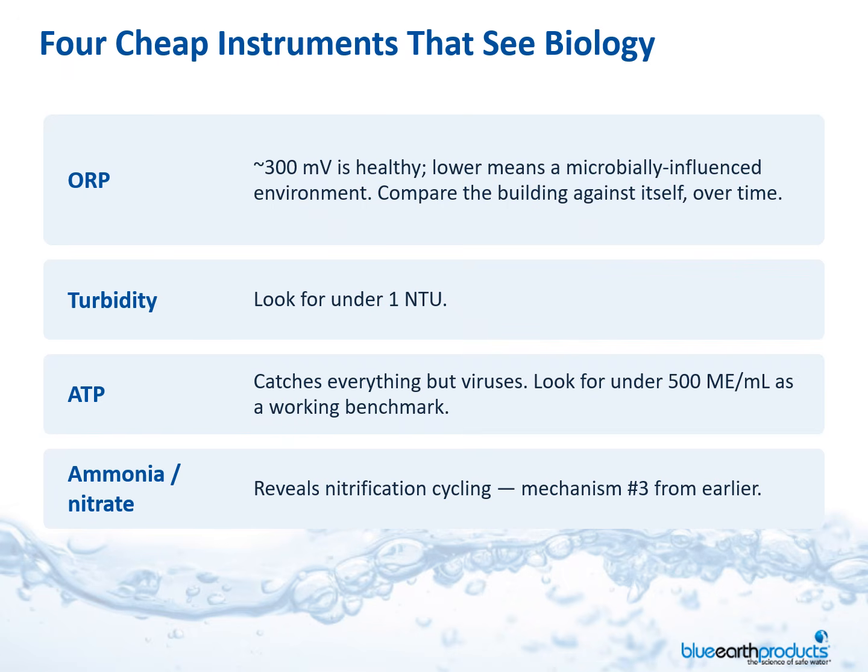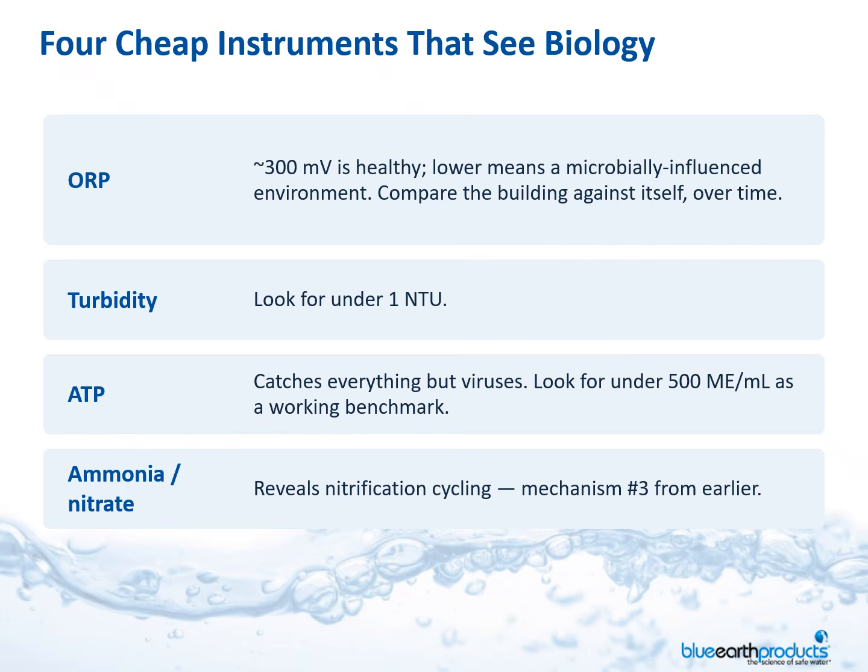There are 4 additional cheap instruments that also see biology inside of facility water. And ORP is probably the most useful tool. It's just a meter, it's easy to use, and if you measure 300 millivolts or better, it's generally considered inhospitable to microbial growth.